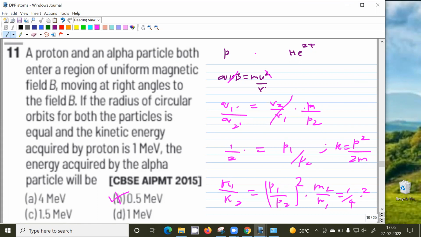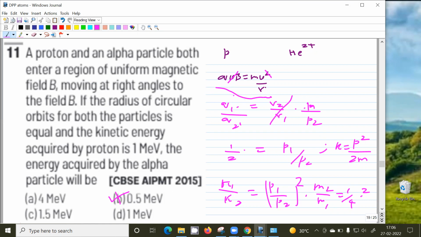So the charge of helium is how much? 2, right? Yes, sir, 2e. Okay, so what mistake am I saying? This is the basic relation, no? Q will be equal to mv square by r. Yes, sir. I took the ratio of both helium and proton.